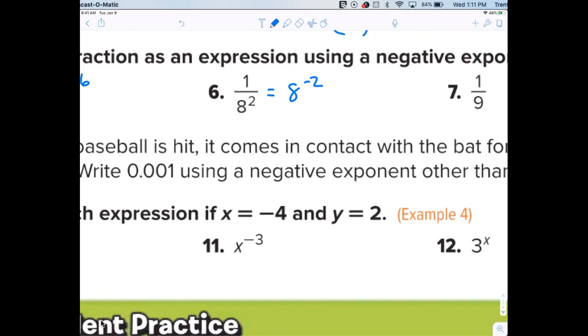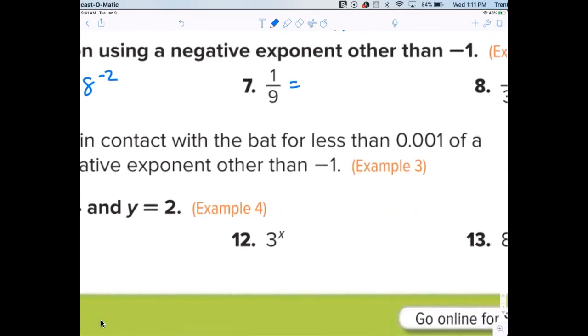All right, Kara, tell me about number 7. You didn't, there's a 1 here, kiddo. If you don't see an exponent, it's a 1. So it'd be 9 to the, yes, 9 to the negative 1. Everybody write that down, 9 to the negative 1. All right, now I also want to tell you that 9 can also be 3 squared.